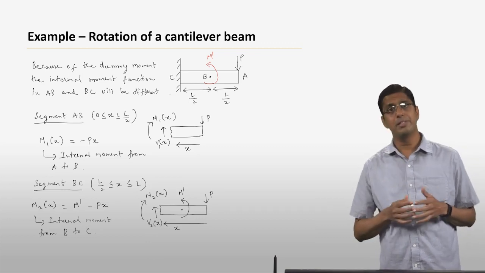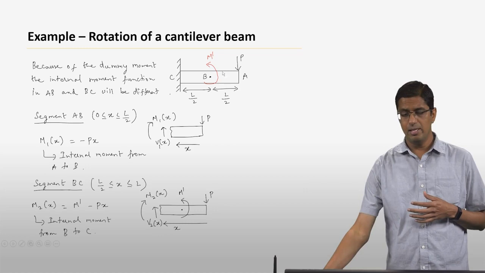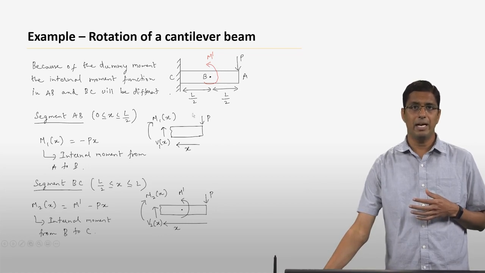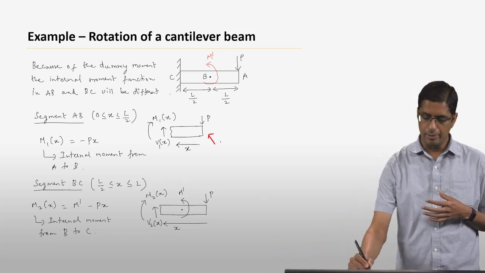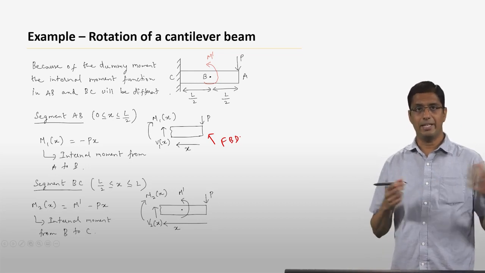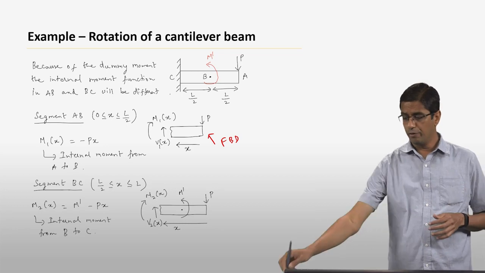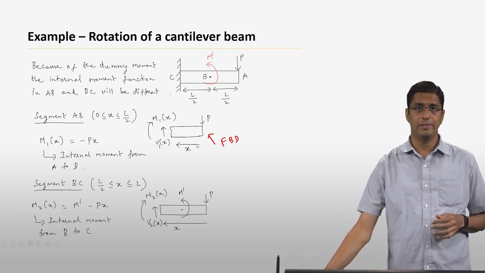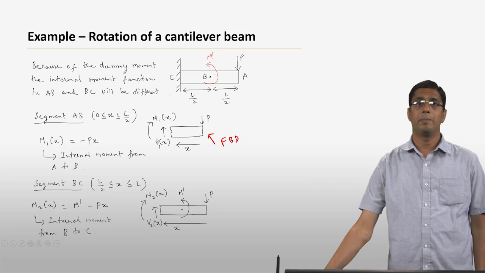So what I am going to do is, first we are going to look at the segment AB. So I am going to take a section somewhere between A and B, and the free body diagram looks like that. Okay, so essentially, this is the free body diagram if you take a section between A and B and analyze the internal forces and moments. Okay, so there is going to be a force P that is acting, which is the external force, that has to be countered by an internal shear V1 of x.